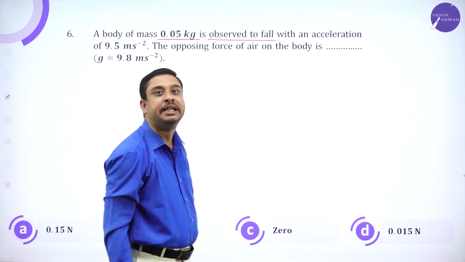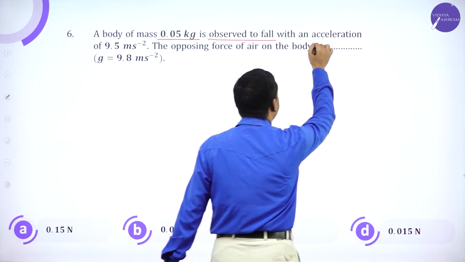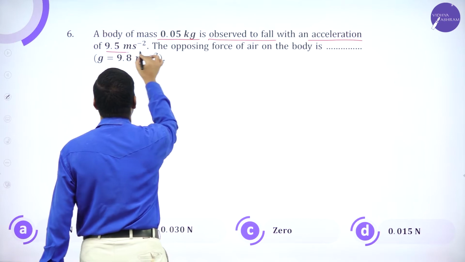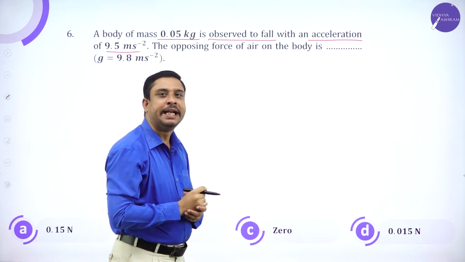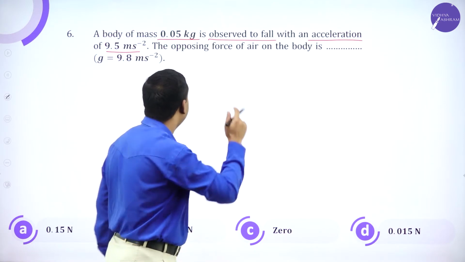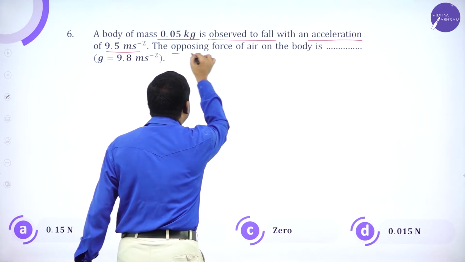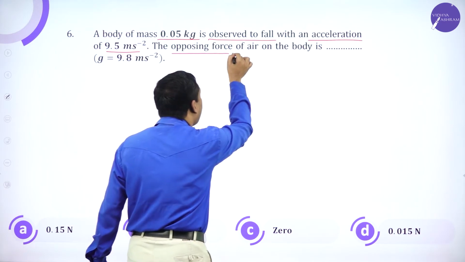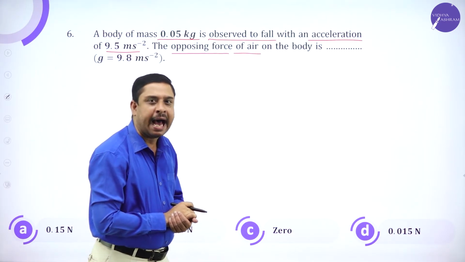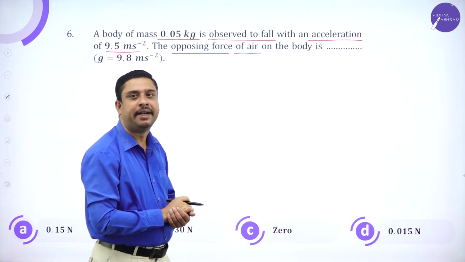It is coming down with an acceleration of 9.5 meter per second square. The opposing force of air on the body has to be calculated.